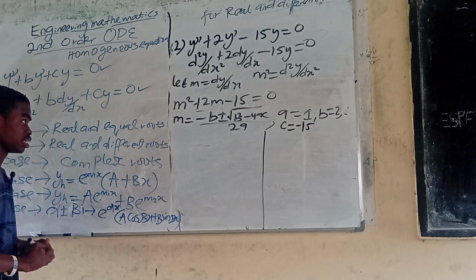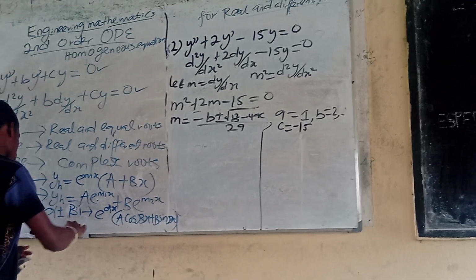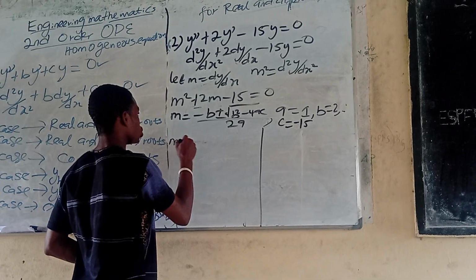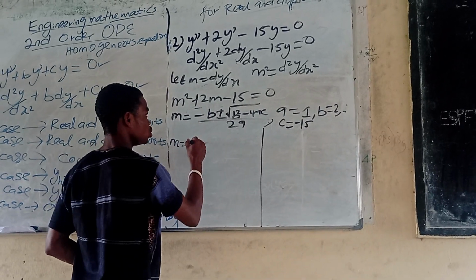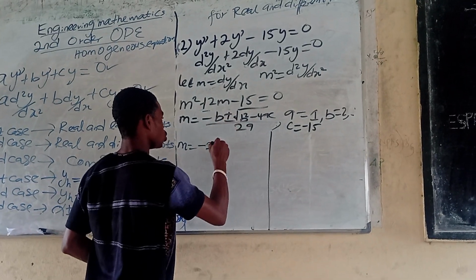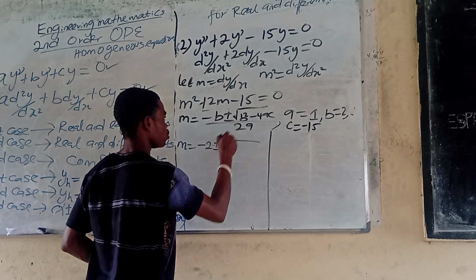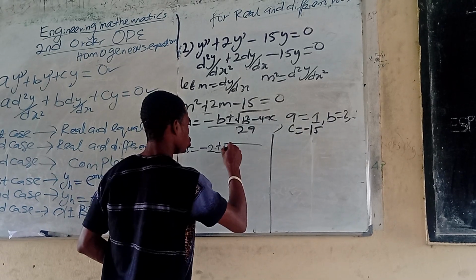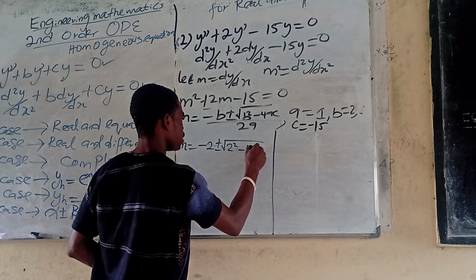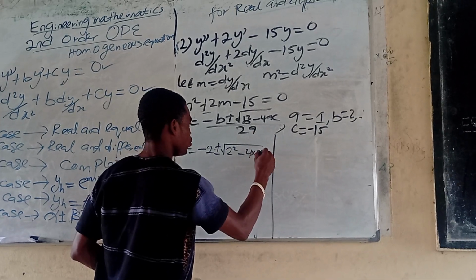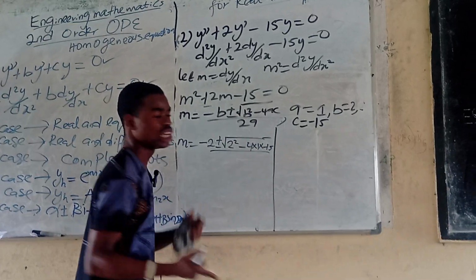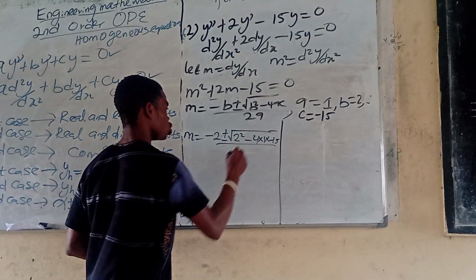All right, let's go on to solve this equation. Solving this equation, m equals minus b, that's 2, plus or minus the square root of b. b is what? b is 2, that's 2 squared minus 4a, a is 1, times c. c is what? Minus 15, right? Divided by 2a, a is 1. 2 times 1 is what? 2.